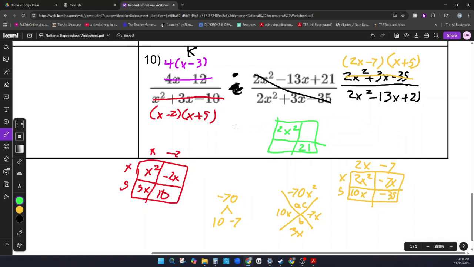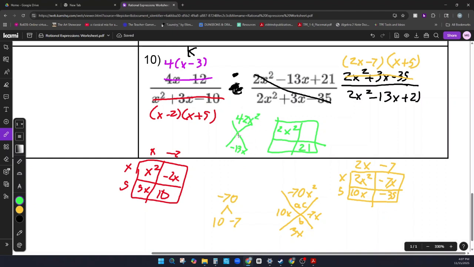And once again, I have to make my cross, my diamond. And this time it's going to be 42. And I want it to equal negative 13x, of course. This should have an x squared.